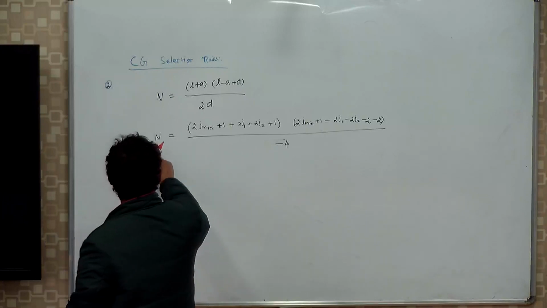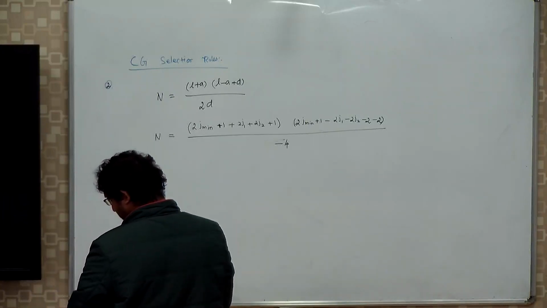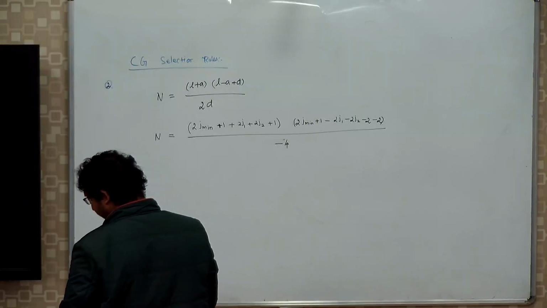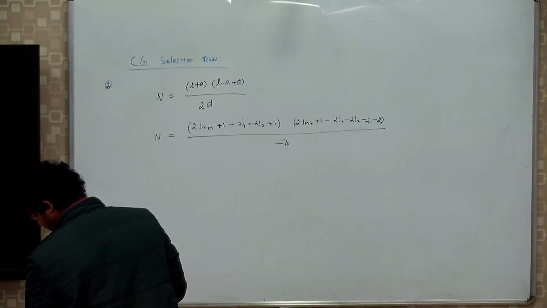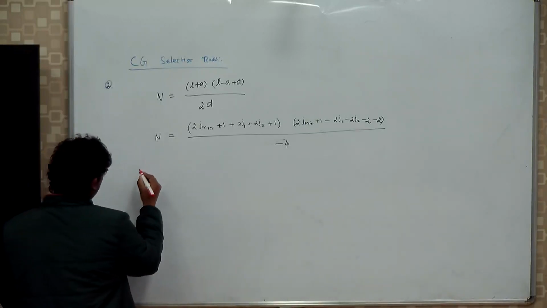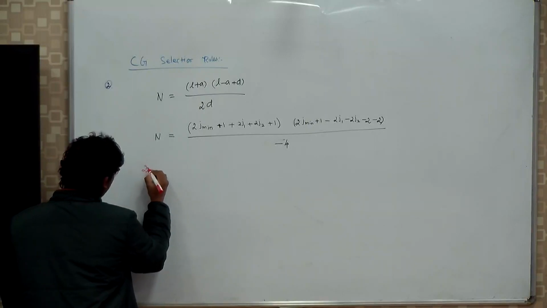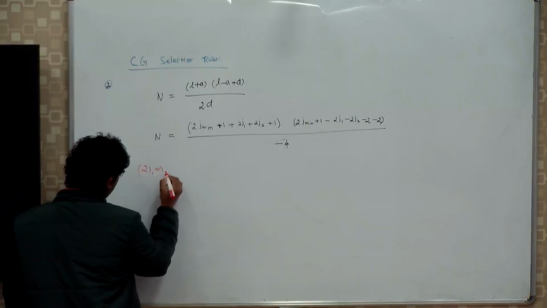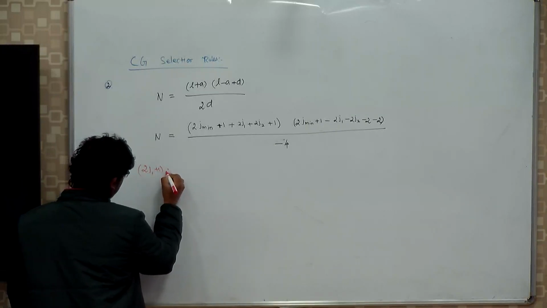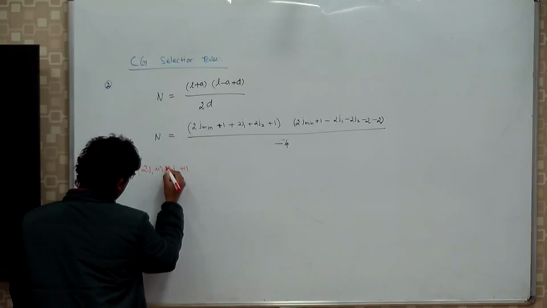and then put here this value of n. In the previous slide we discussed that the value of n is nothing but 2j1 plus 1, this is a multiplication, and 2j2 plus 1.